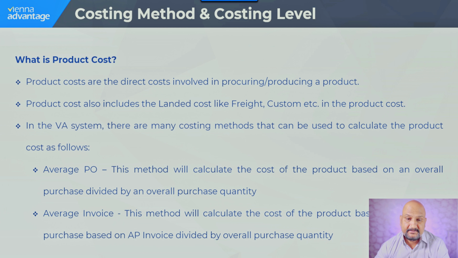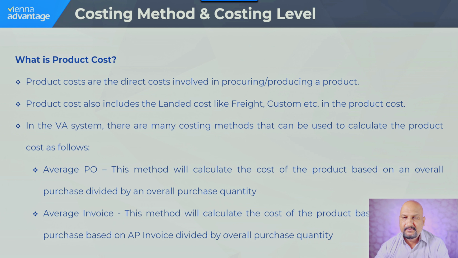Now, in terms of the basic costing, there are various costing methods as I have mentioned. One of the costing methods is average PO. The other one is the average invoice. The average PO method calculates the cost of the product based on overall purchases divided by overall purchase quantity.